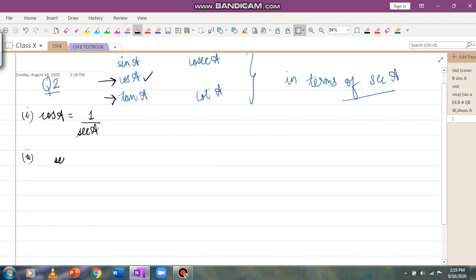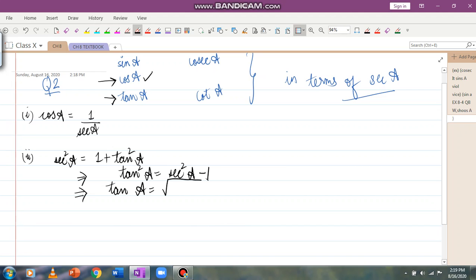So I have secant square A equals to 1 plus tan square A. From here, I want to write down the value of tan square A. This will be secant square A minus 1, and from here I can obtain the value of tan A. It will be the square root of this binomial. So I've done tan A also.